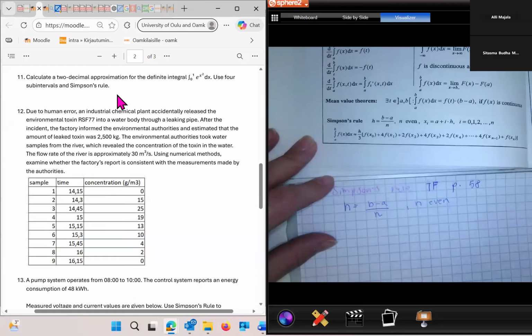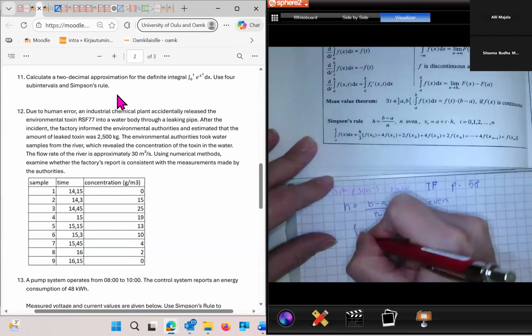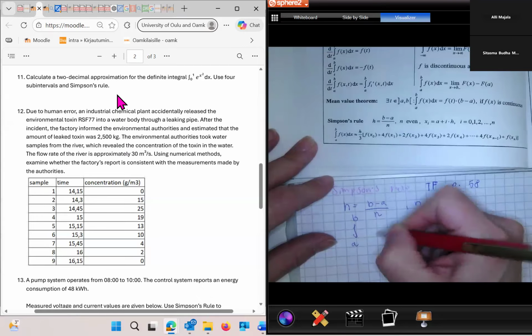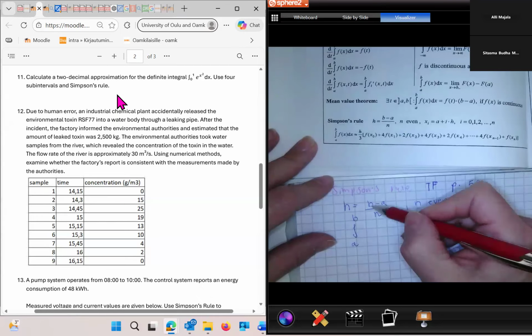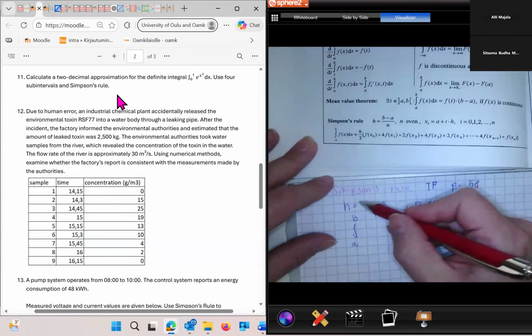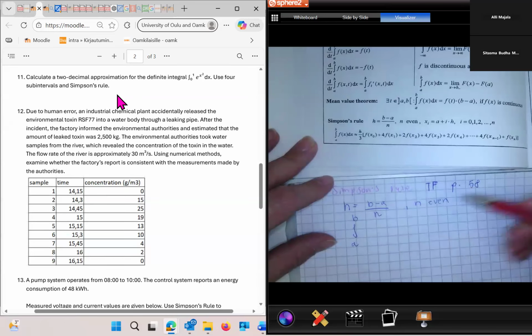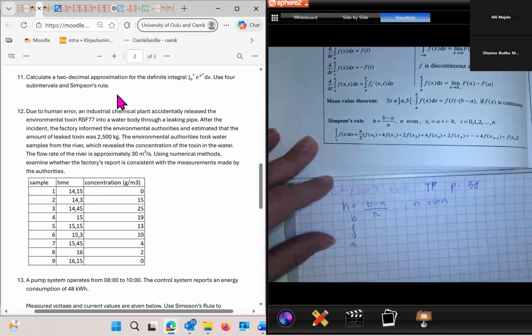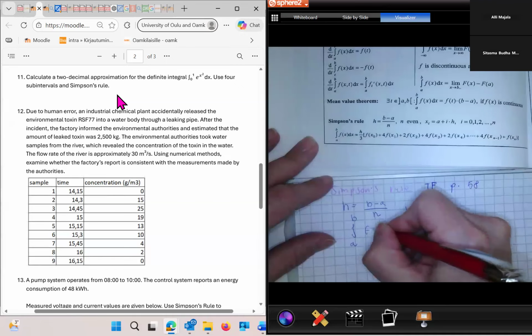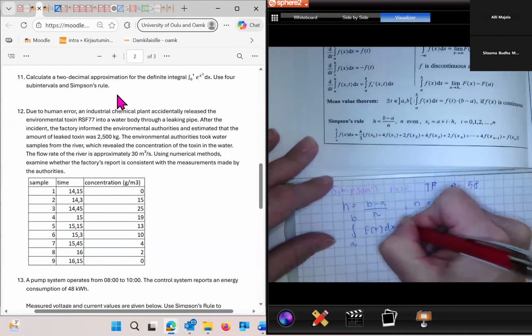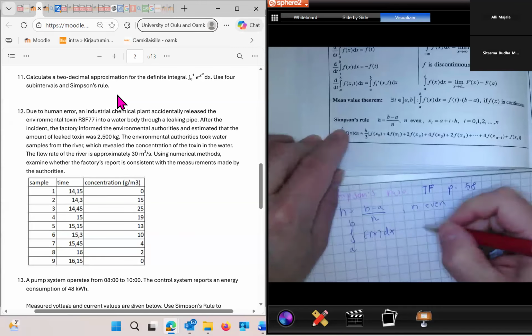Then I'm integrating from A to B. So this is my integration range, for something that I can't integrate with the integration rules.